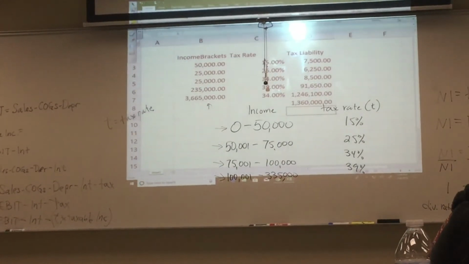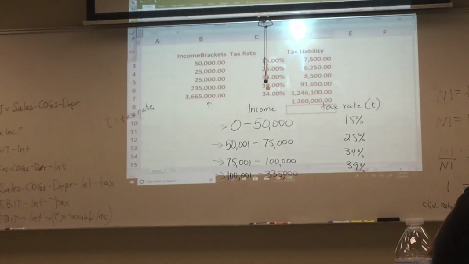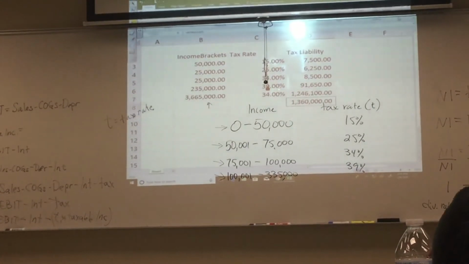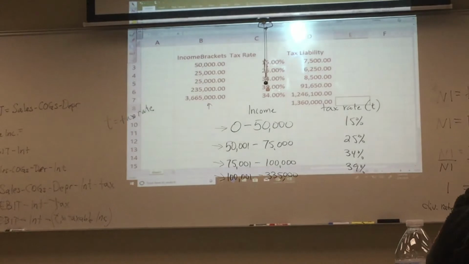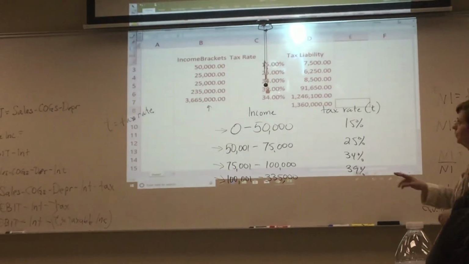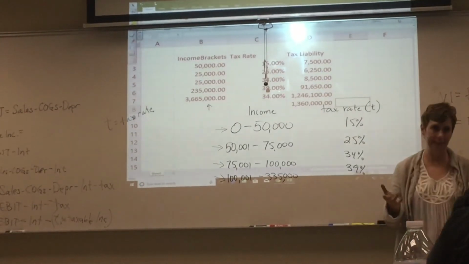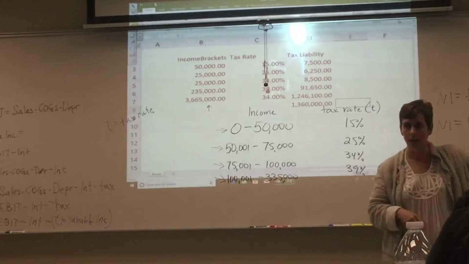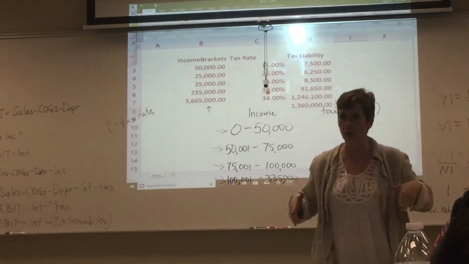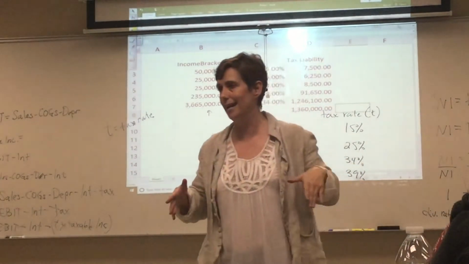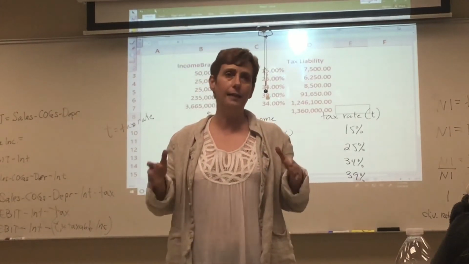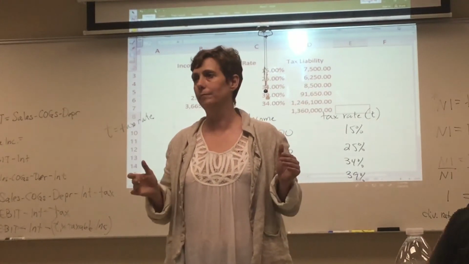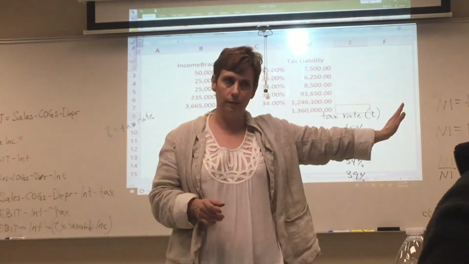Clear as mud? All right, so for average tax, you have to find what your total tax liability is, because it's looking backward. We have already earned, that is in past tense, $4 million in taxable income. So we're looking backward.